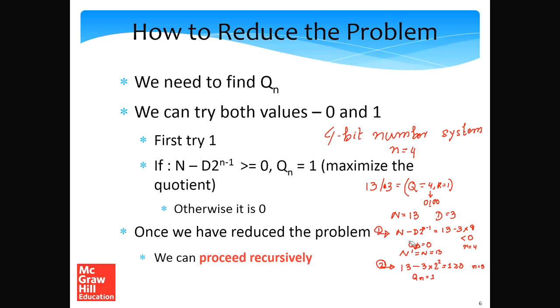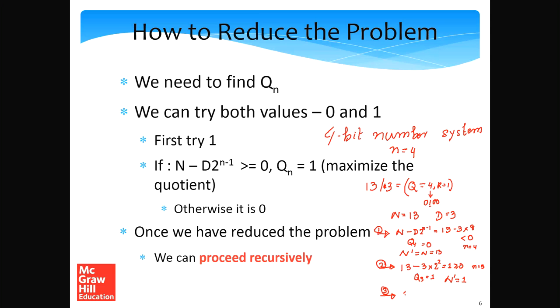Let us say that this is Q4 and this is Q3. Fine, let's go to the next iteration, which is iteration number 3. So what is n dash? n dash is equal to 13 minus 3 times 2 squared, which is 1.